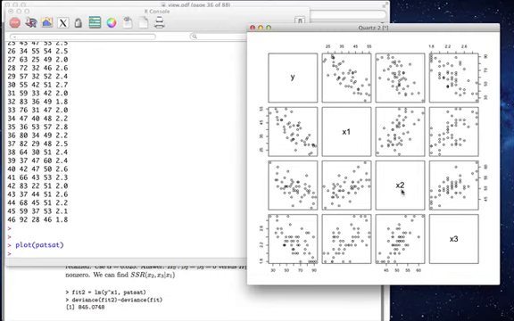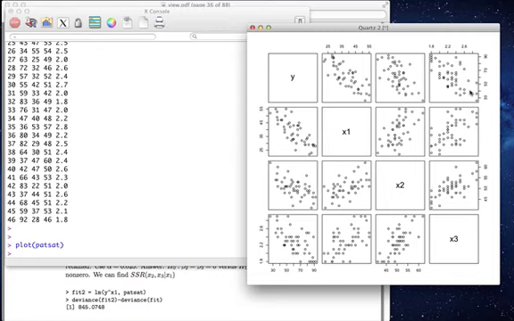X2, the severity of the illness, shows a similar negative relationship: the more severe the illness, the less satisfied the patient is. X3 is the anxiety level: the more anxious the patient, the less satisfied the patient is.